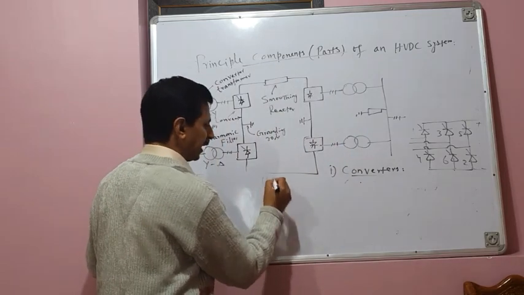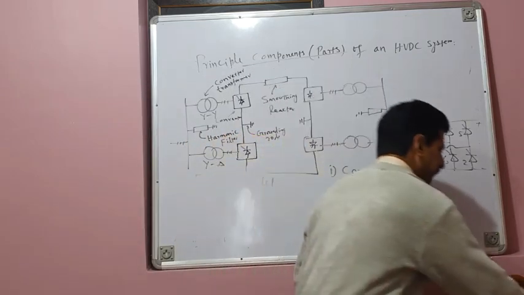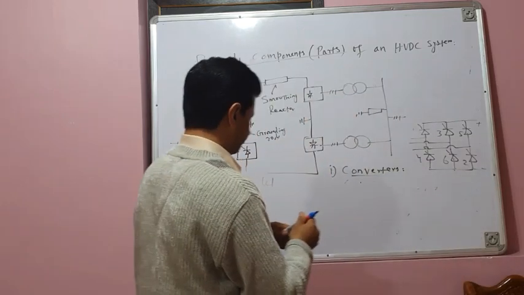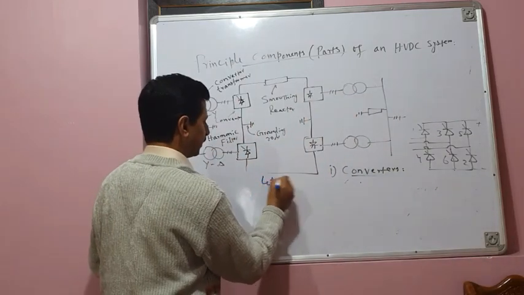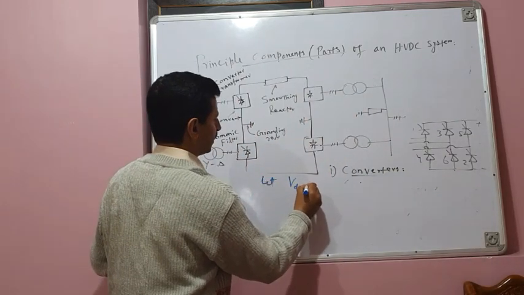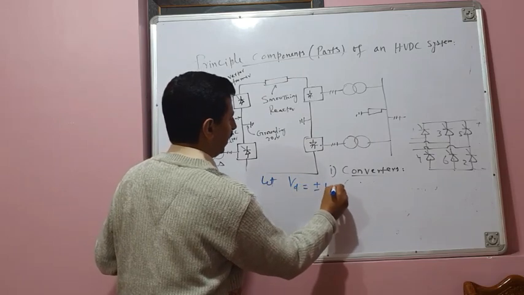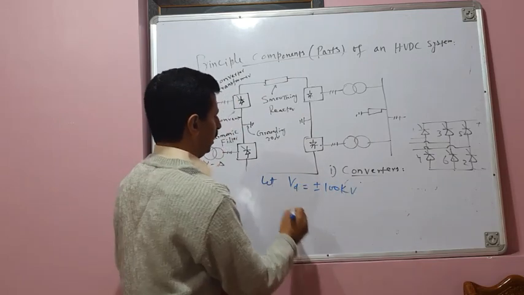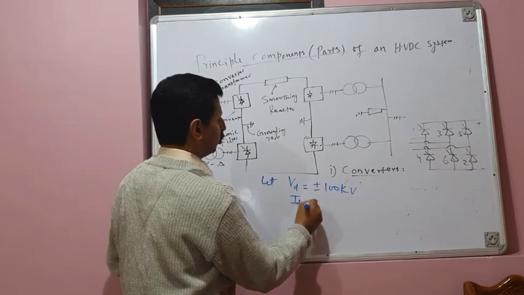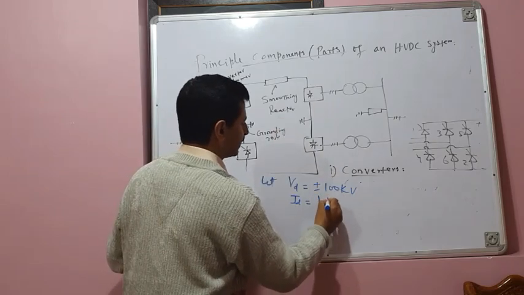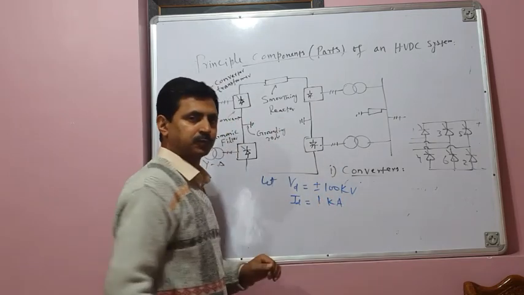Let us assume, let me use the other pen, that the DC transmission voltage is 100 kV and the current through the transmission line is say 1 kiloampere.